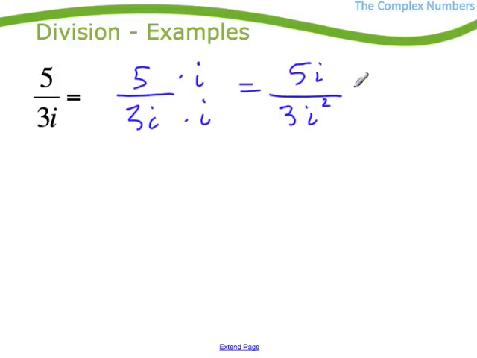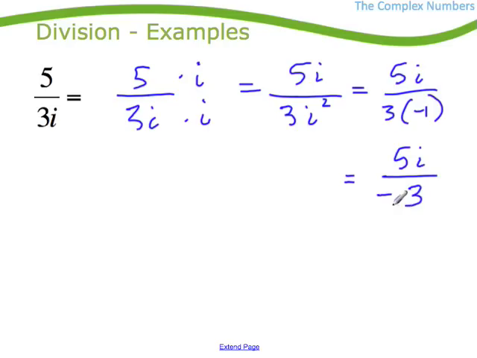Oh, but I squared I can rewrite. So this would be 5I over I squared is -1. So it'd be 3 times -1. Or I could write it as 5I over -3. Again, like any fraction, the negative could be on the bottom or on the top. I could put that up there if I wanted to. It would be the same thing.